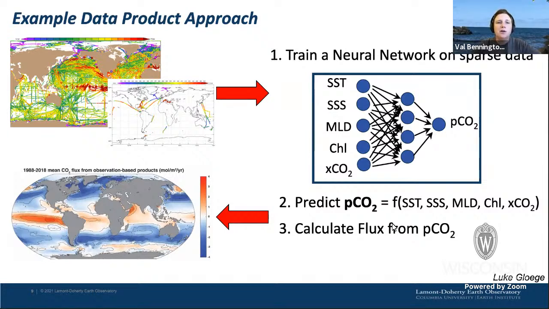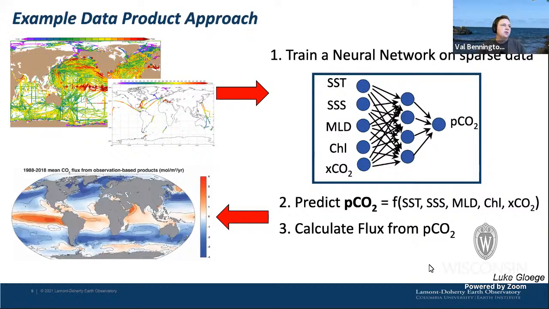The neural network is used in this example to relate those observations we do have to the pCO2 that we want to predict. Once we've developed a function between those observations, we can reconstruct pCO2 everywhere in space and time and then calculate the flux from pCO2, as the flux between the air and the sea is driven by this partial pressure of carbon dioxide in the surface ocean.